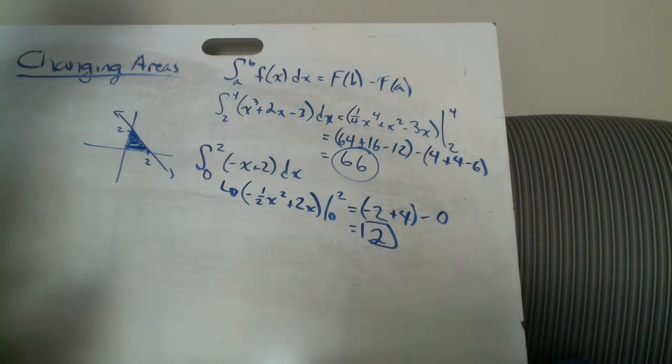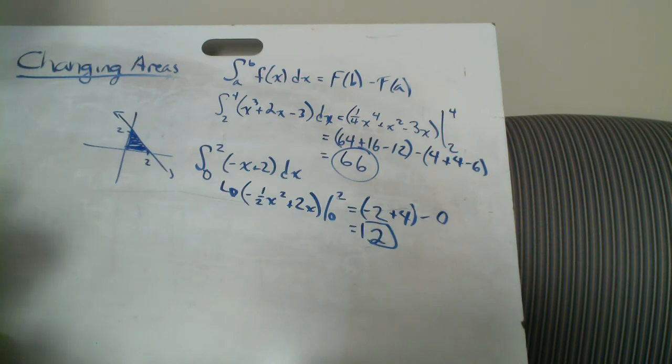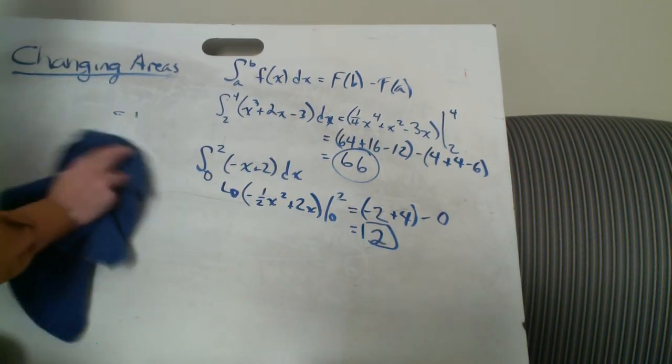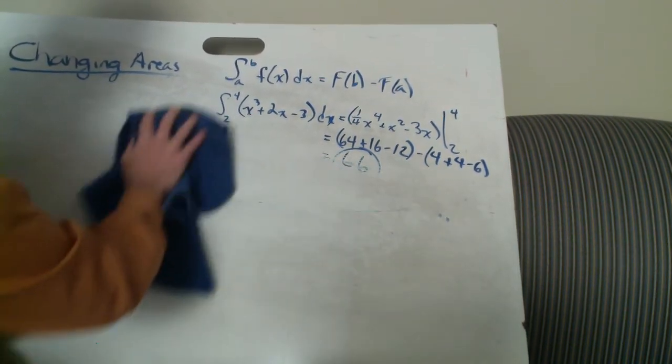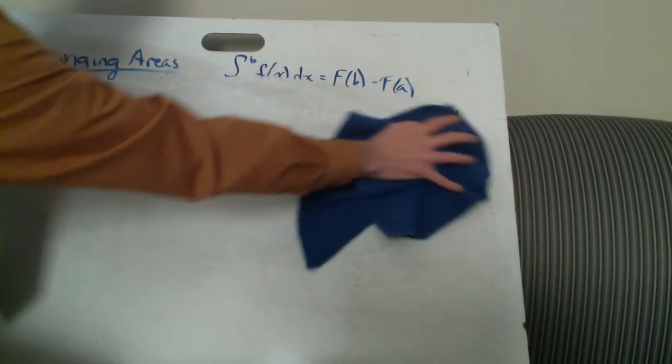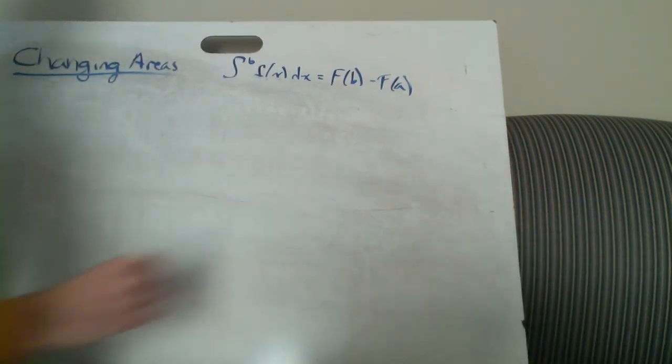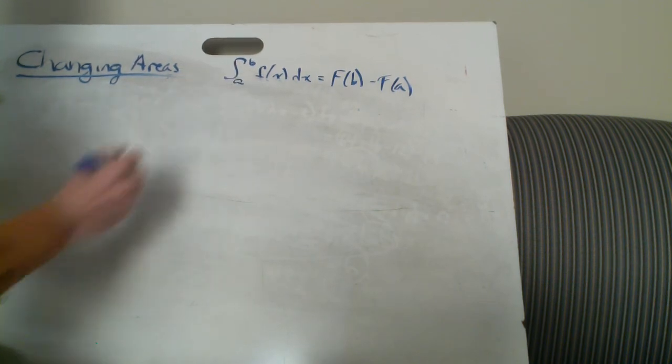Hopefully you are too. I'm going to end this video with a bit of a tougher problem for us to figure out, but we can still do it. And I'm going to change variables here. I'm not going to use x anymore because x is boring.